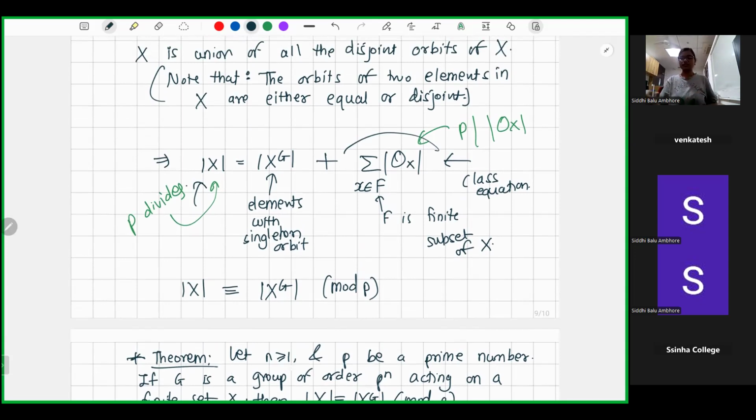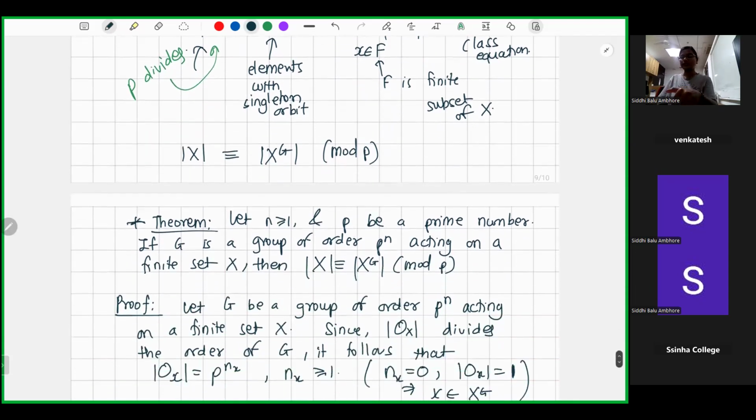So the class equation is just writing X in terms of elements which are fixed under the group action, and elements which have some trajectory or non-trivial orbit under the group action. So the class equation in short says that the cardinality of X is the union of these two kinds of orbits.